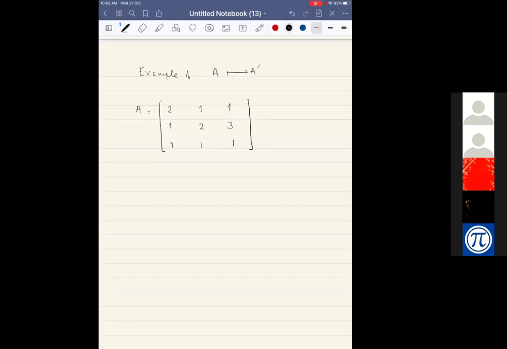Maybe that may not be so smart, but anyway, let me leave you with this, and I'll take a little break, and then you can play with this. So what is A prime? What is the row echelon form of this? It should be doable in the about 20 minutes that we have.